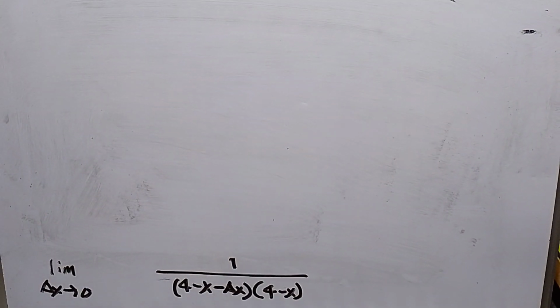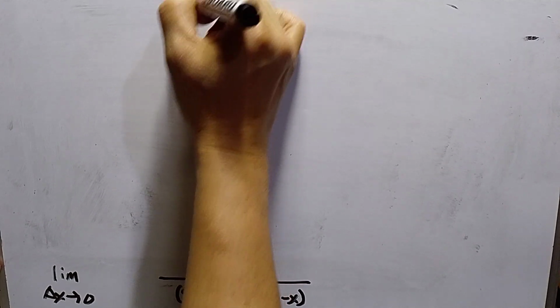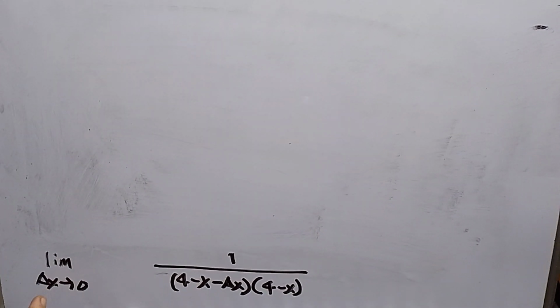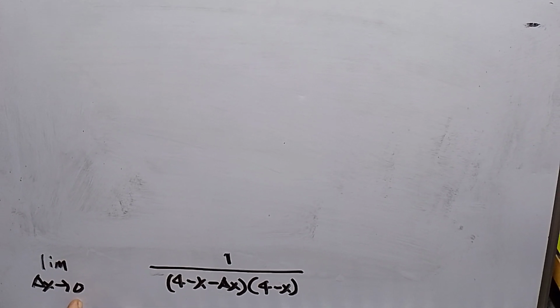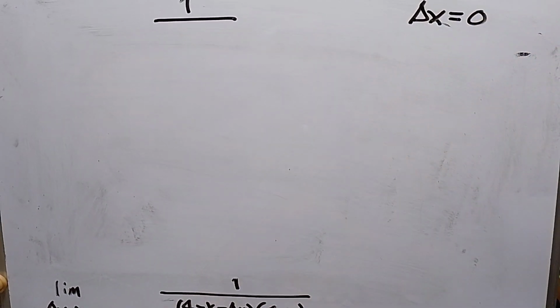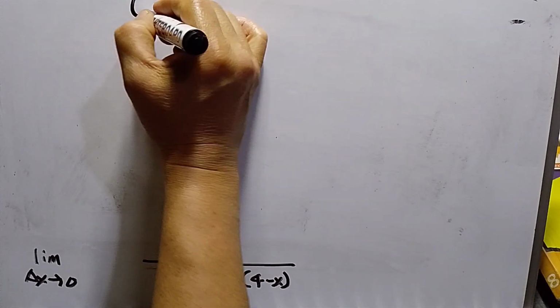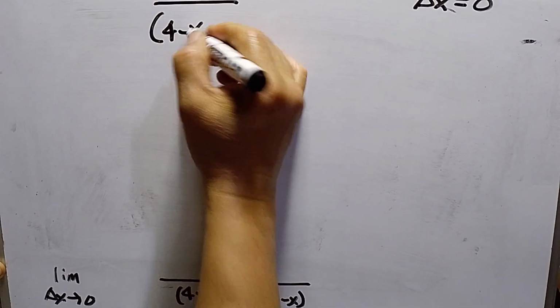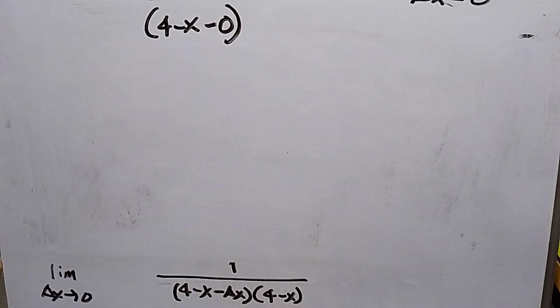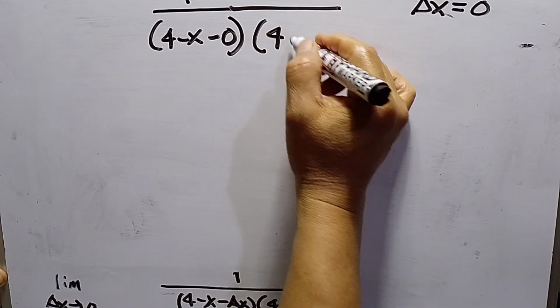Since I have 1 over this one, I will substitute delta x equal to 0. So this will be 4 minus x, minus 0, and then copy 4 minus x.